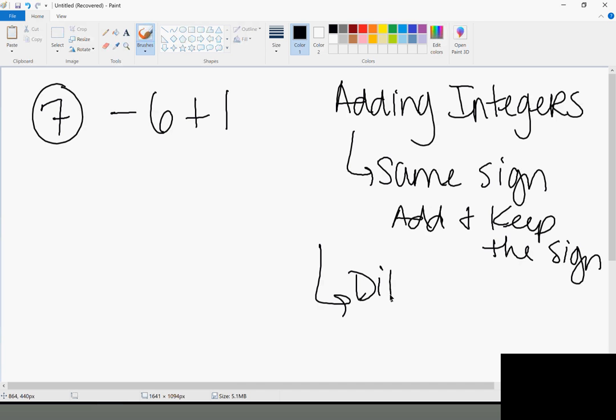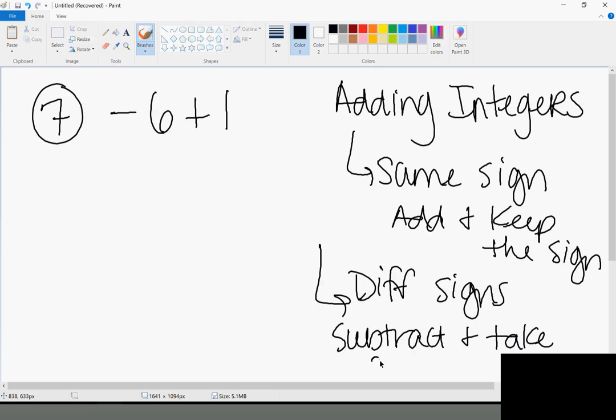When you have different signs, you subtract and take the sign of the larger number. Hope you can read that.